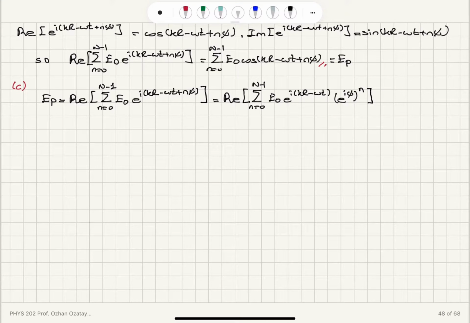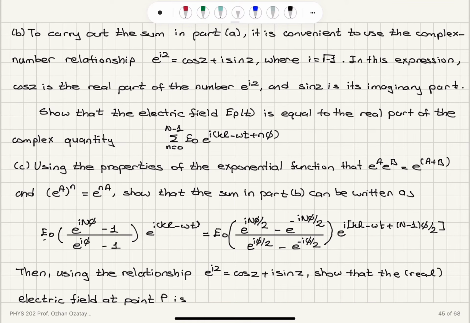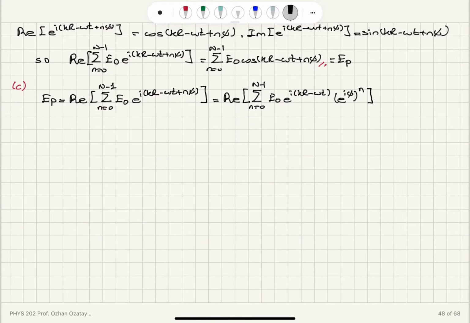So we're using this given property of the exponential in part C. Okay, so that's going to become the real part of E0 e to the i kr minus omega t.